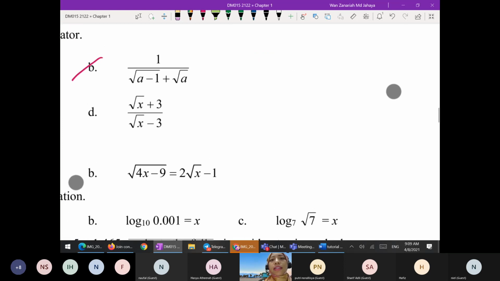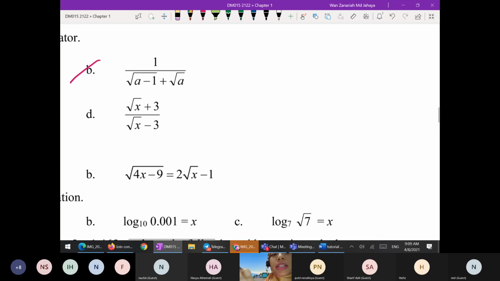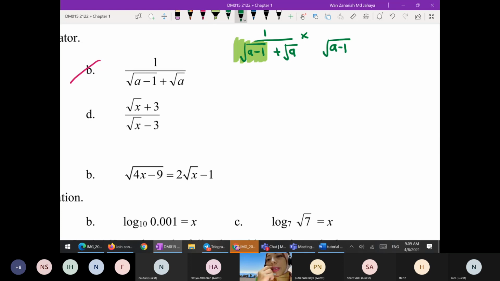Okay, so this is basically I rewrite A minus 1 plus set A. Okay, so you multiply. Sama juga. Ini adalah kita punya A. Nampak tak ini semua adalah A? Ini semua adalah A kita. Okay, so we take everything, A minus 1.